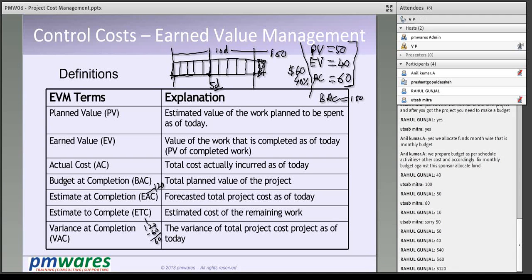So ETC means whatever the remaining estimate from today till the end of the project. EAC is the new estimate of the total cost of the project. Third is VAC, the difference between the original BAC and EAC. In this case it is minus 20, right? BAC minus EAC. Got it? Is that clear?